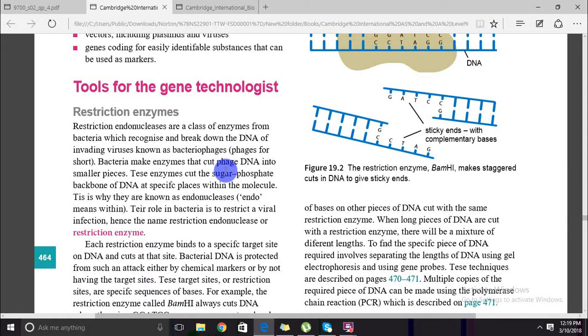And this is why we call them endonucleases, because they cut within the DNA, and their role in bacteria is to restrict a viral infection, hence the name restriction endonuclease or restriction enzyme.